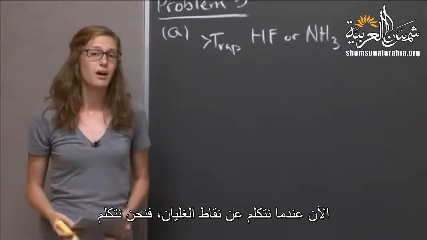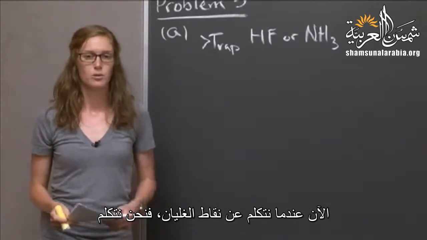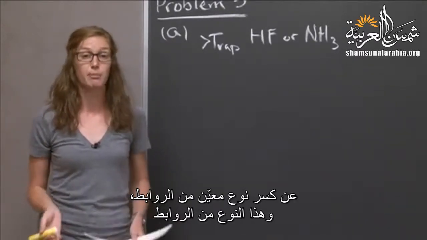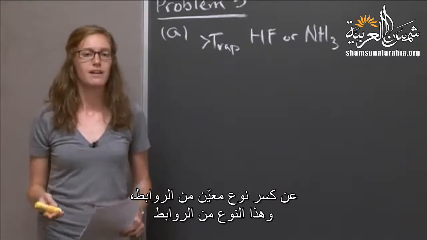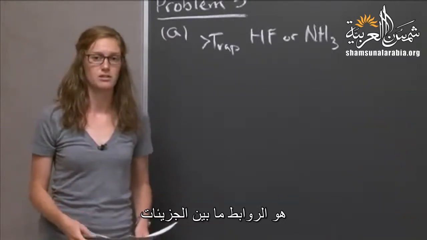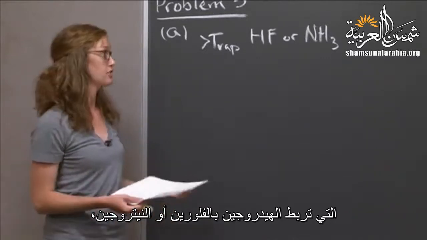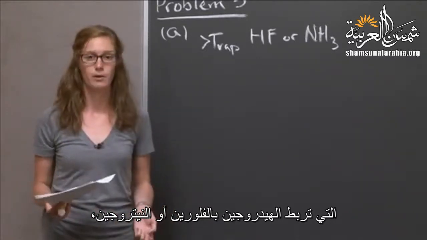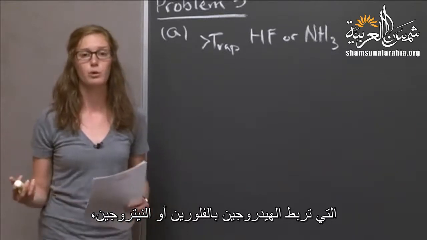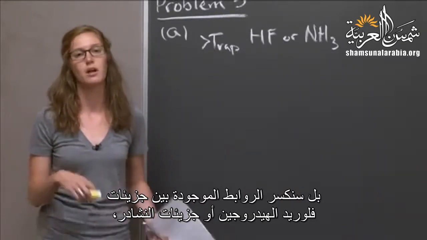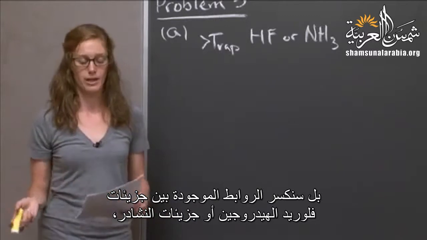Now when we're talking about boiling points, we're talking about breaking a certain type of bond. And that type of bond is intermolecular bonds. We're not going to be breaking the actual molecular bonds bonding hydrogen to fluorine or nitrogen. We're breaking the bonds in between molecules of HF or ammonia.